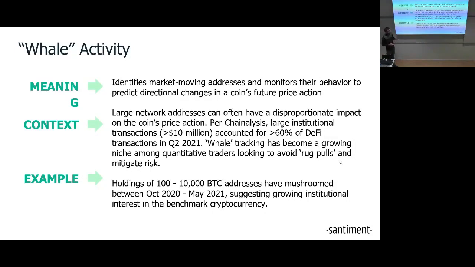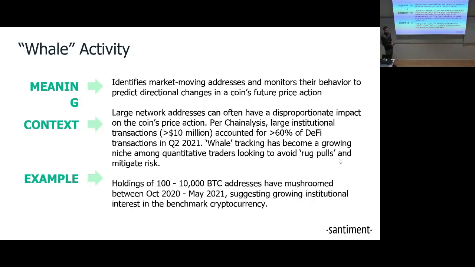Based on a recent report by Chainalysis, more than 60% of DeFi transactions in the first and second quarter of 2021 came from large addresses, transactions worth more than 10 million. So cryptocurrencies today are still very much a whale's game.